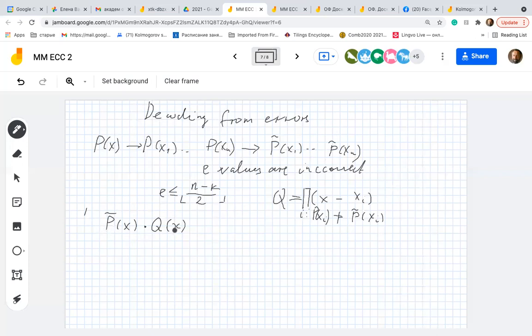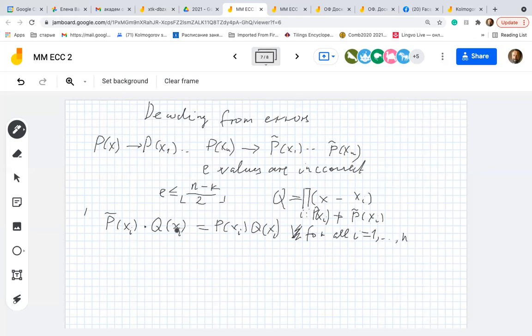So then this polynomial tilde P times Q is equal to P of x times Q of x in all the points. So for all i's, this is the same as tilde P of xi times Q of xi equals P of xi times Q of xi, for all i from 1 to n.